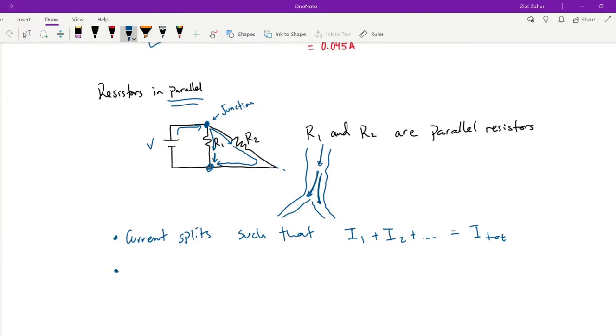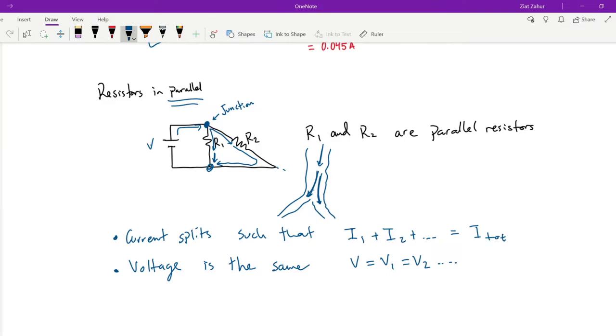But the voltage remains the same. Meaning, whatever your total voltage V, the battery, is, it must be equal to each resistor's voltage.